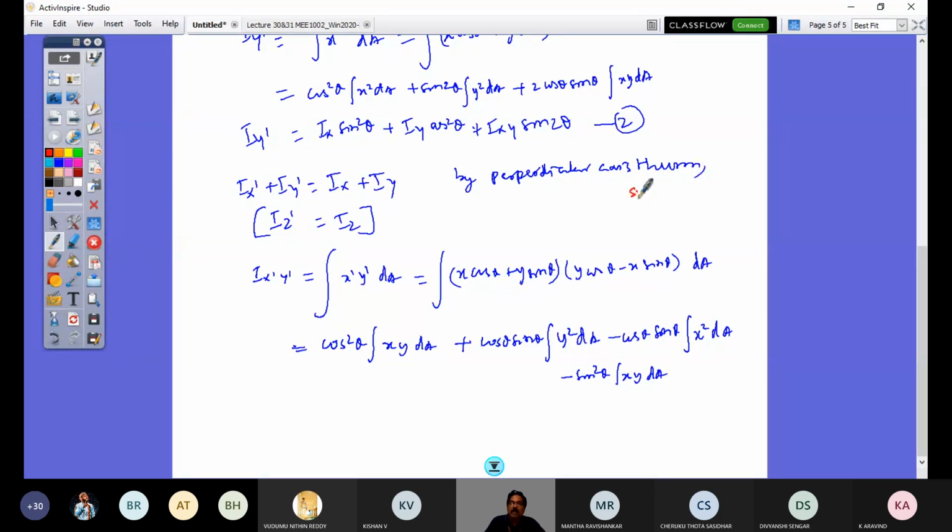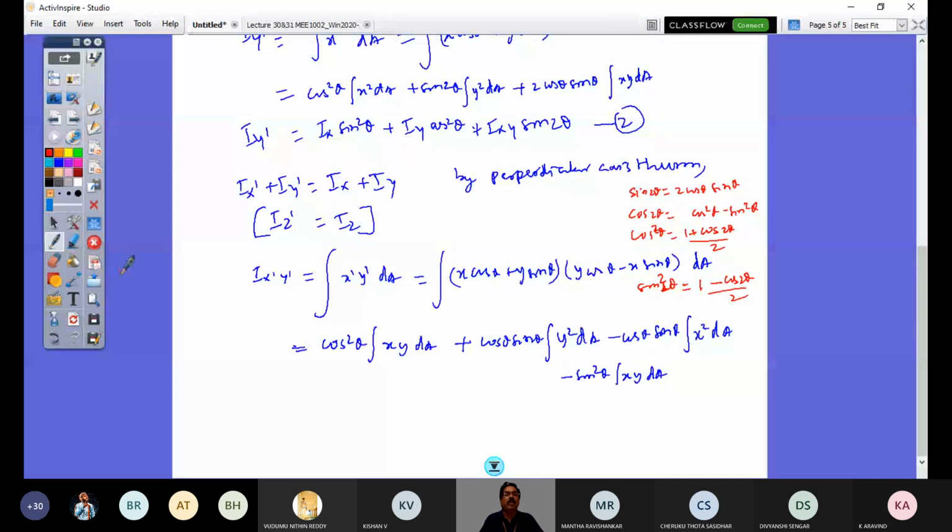Then cos squared theta you can write as 1 plus cos 2 theta by 2, and sin square theta you can write as 1 minus cos 2 theta by 2.